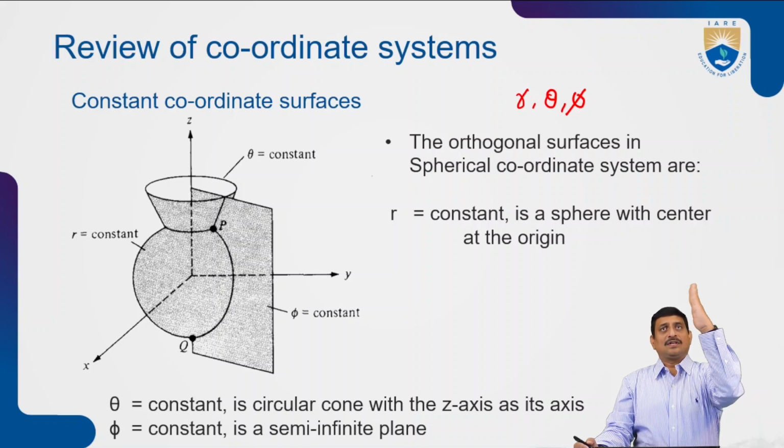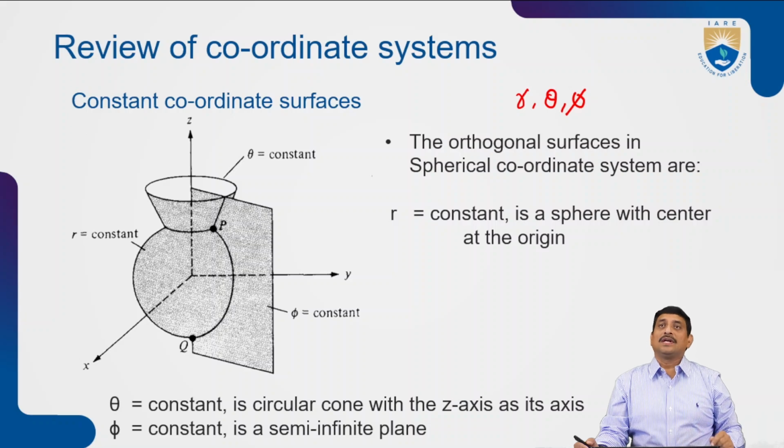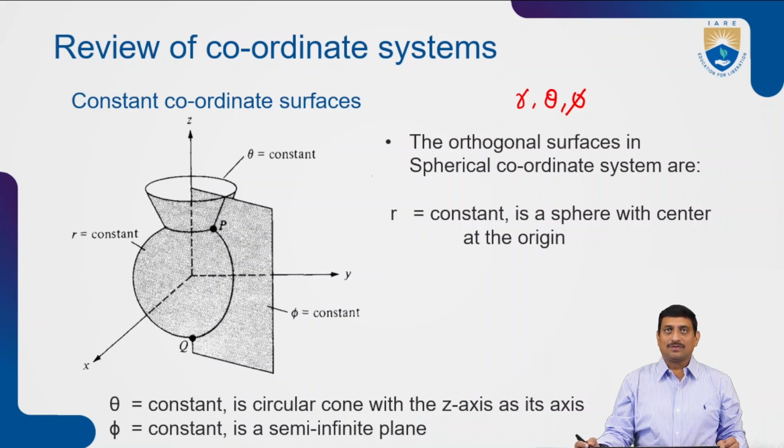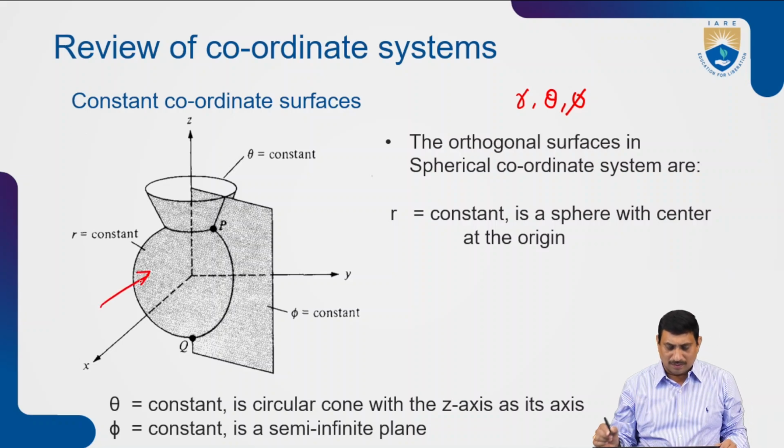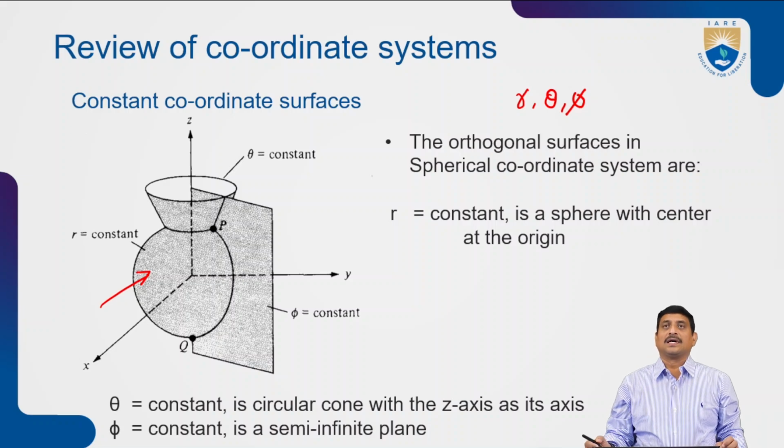By keeping r equal to constant and varying theta and phi, we will get a surface which is a sphere. So r equal to constant is a sphere.